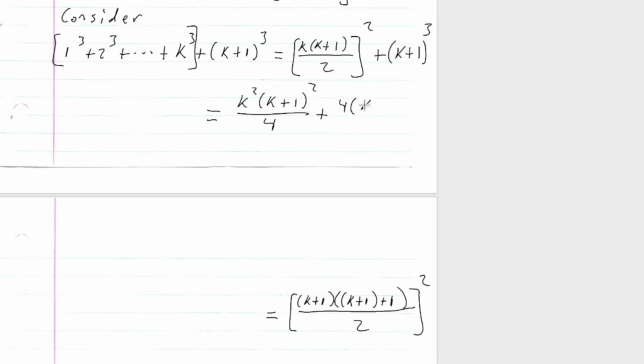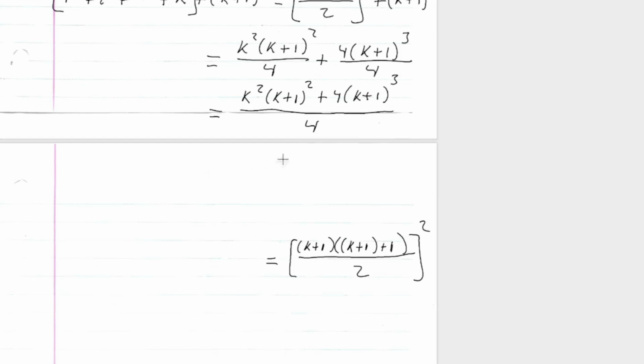So that'll be 4 times k plus 1 cubed over 4. And then we can go ahead and combine these. So this will be k squared times k plus 1 squared plus 4 times k plus 1 cubed, all over 4.